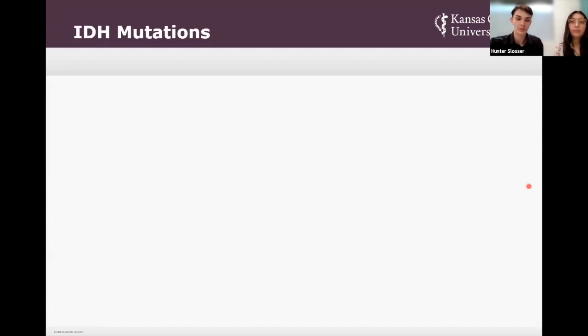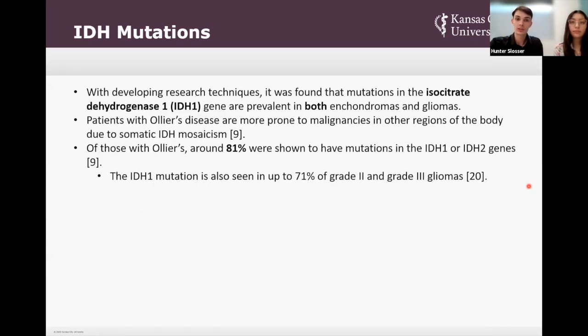So moving on with the discussion, we're going to discuss how IDH mutations can link Ollier's disease with astrocytomas. With developing research techniques, it is found that mutations in the isocitrate dehydrogenase 1, the IDH1 gene, are prevalent in both enchondromas and gliomas. These patients with Ollier's disease are more prone to malignancies in other regions of the body due to this somatic IDH mosaicism.